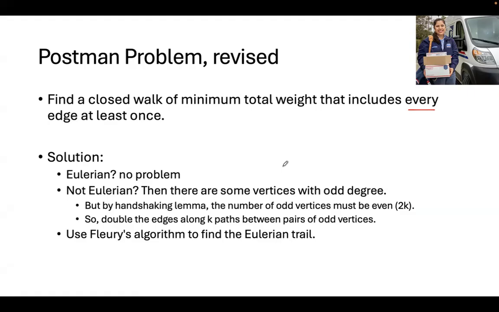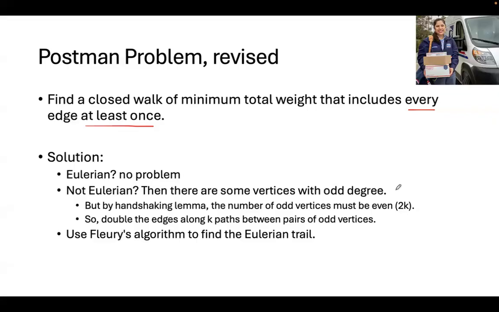If the graph is Eulerian, then we've got no problem: we can take all the edges and come back to our starting point. But if it's not Eulerian, that means there are some vertices with odd degree, and we need to figure out how to handle those as well. And this is where the "at least once" thing comes in. If we can get it down to once, then that's great. But if we have to take it multiple times, then we can do that too.